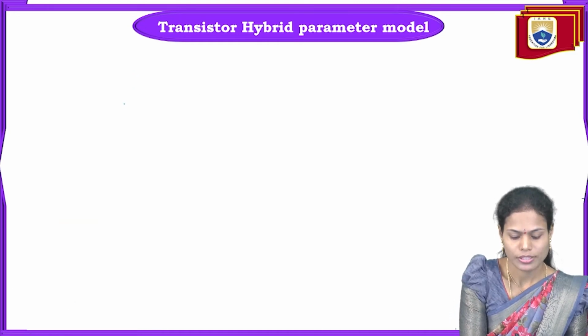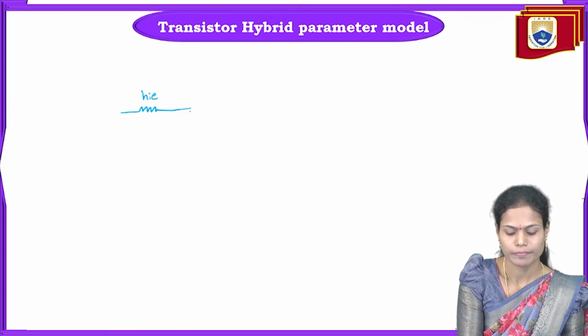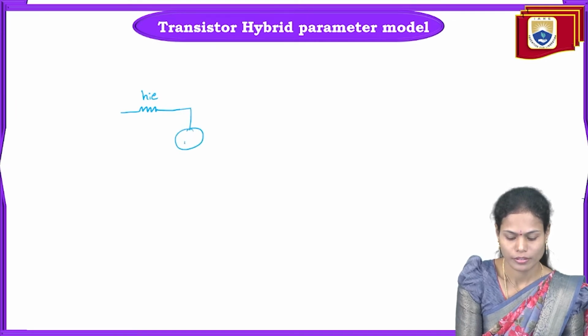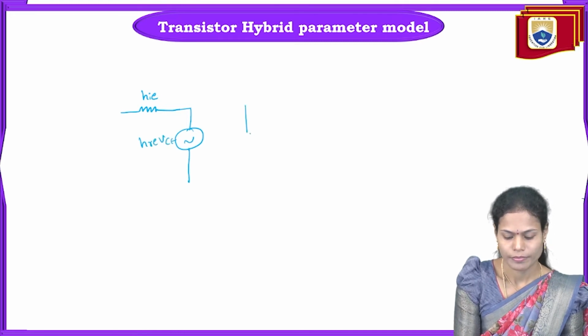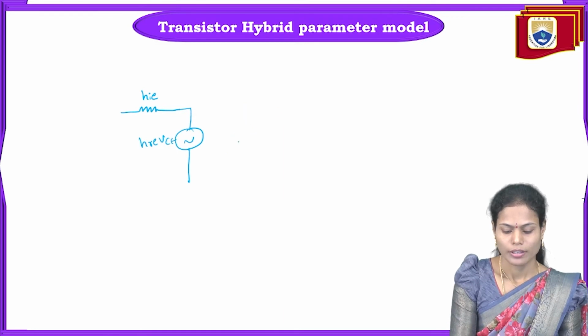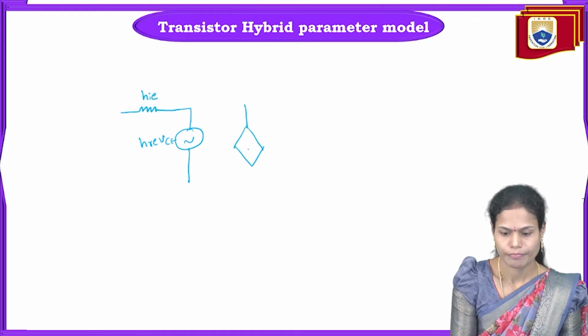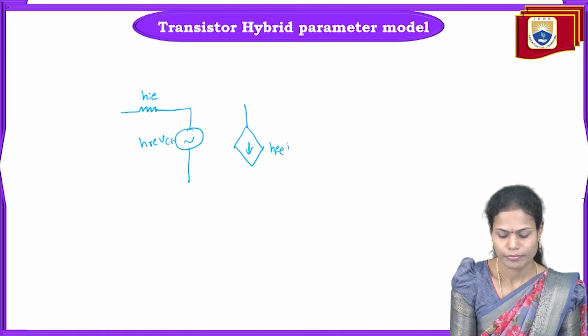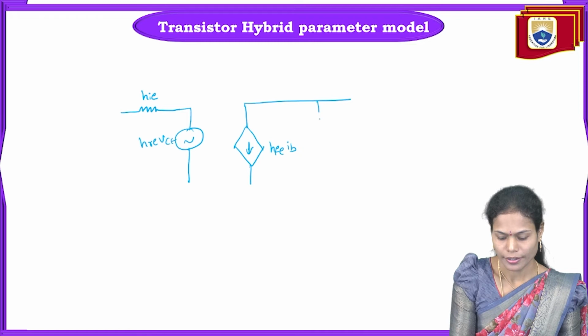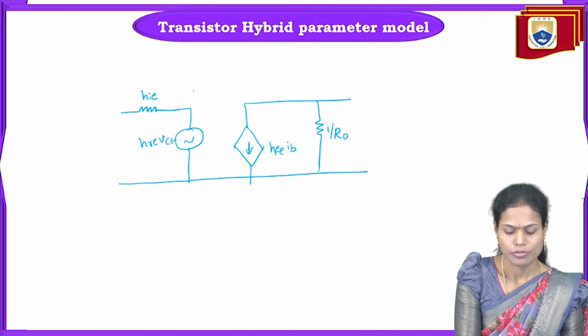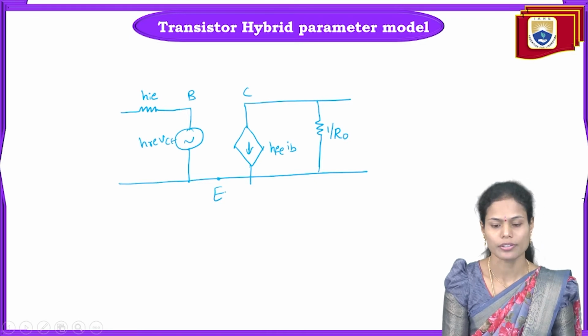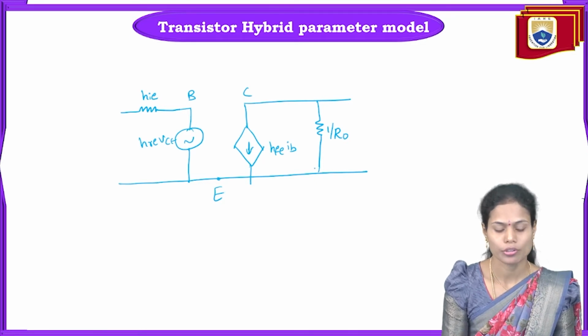First, I am drawing the H parameter model: HIE, this is HRE VCE, and this one is HFE IB, and here we have the output resistance. So this is the base, collector and emitter terminals of the transistor. This is the hybrid equivalent circuit of the transistor.